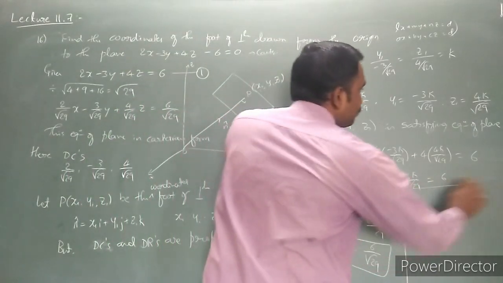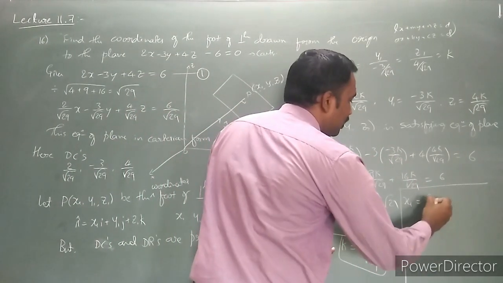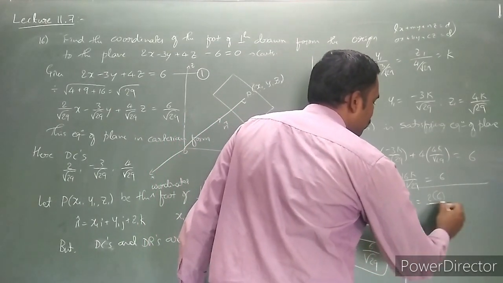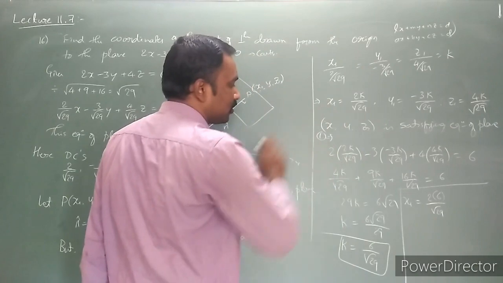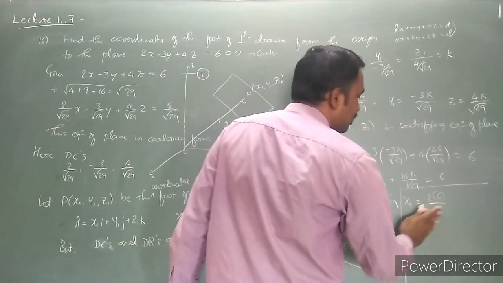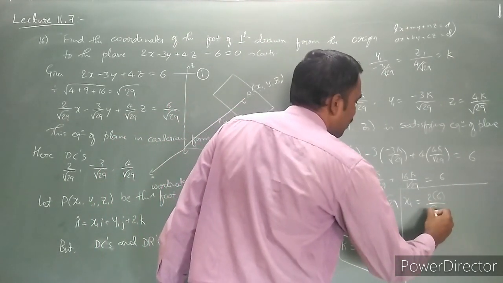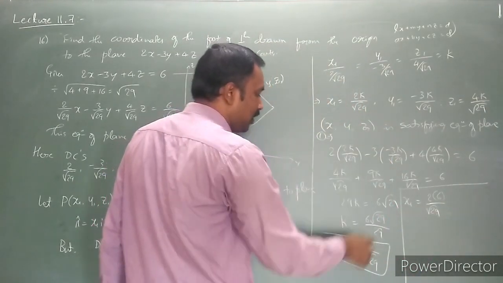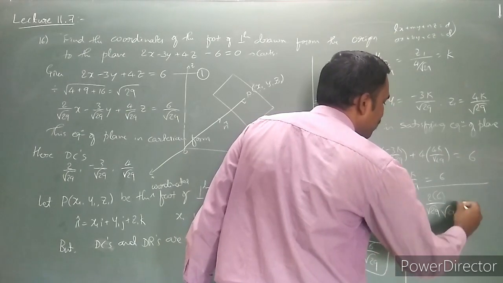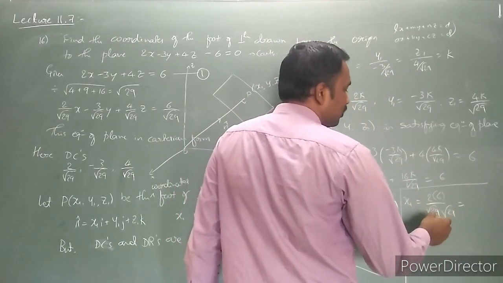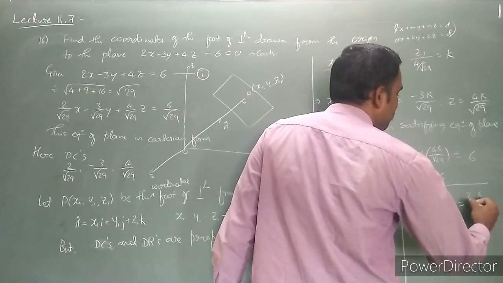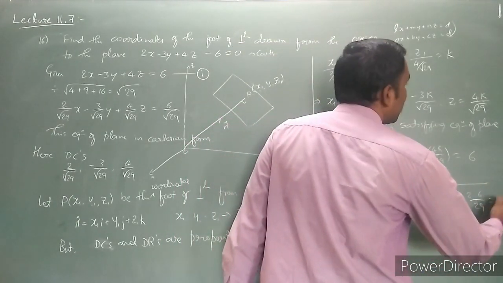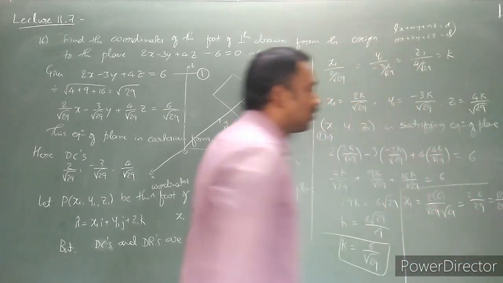Replace the k value. x1 is 2 divided by root 29 times k, and the k value is 6 divided by root 29. Simplify: 2 into 6 divided by root 29 times root 29, which is 29, so we can write this as 12 divided by 29.